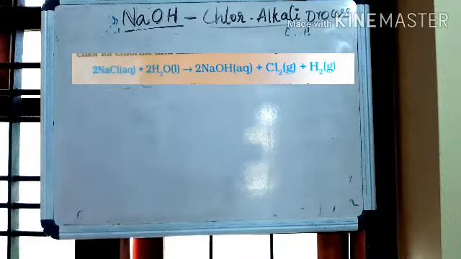Sodium chloride plus H2O gives NaOH plus Cl2 plus H2, right? Since sodium hydroxide and chlorine are produced over here, and sodium hydroxide is an alkali, we call that process the chloralkali process. Okay, so I hope the preparation of sodium hydroxide is clear to you.